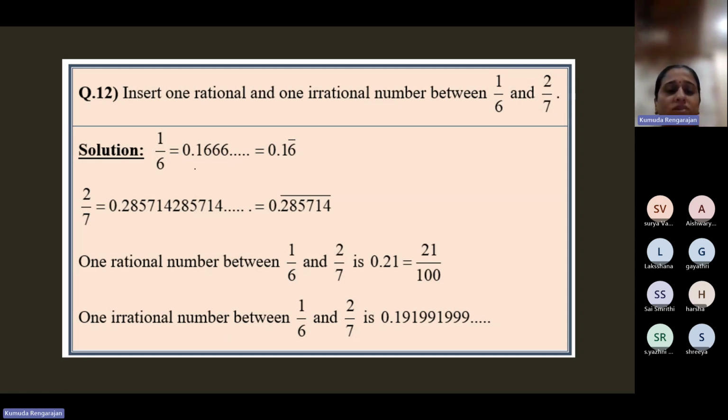So you get 0.1666 going on forever. That's nothing but 0.16 recurring, the bar on top of 6. 2 by 7 is 285714, 285714 going on forever. So 285714 with a bar on it.